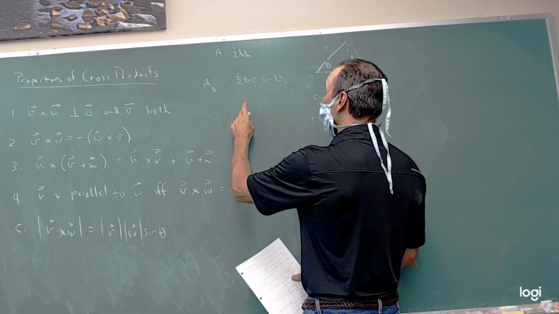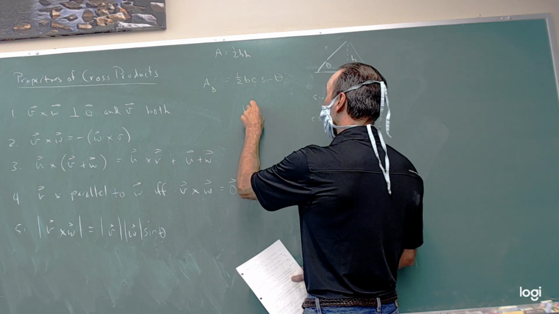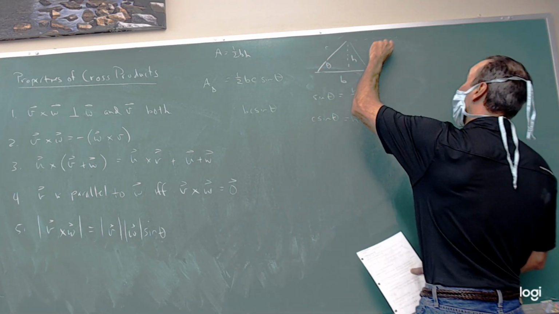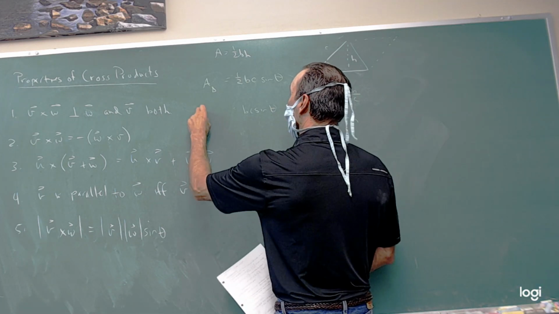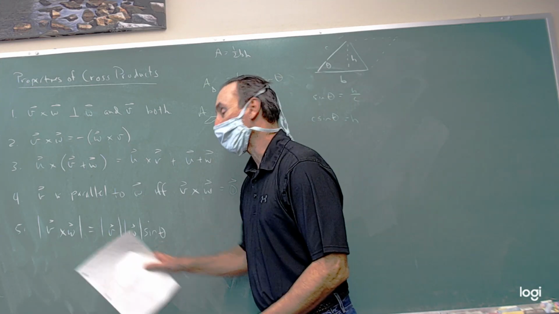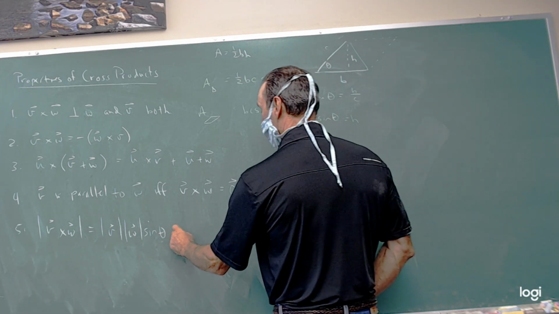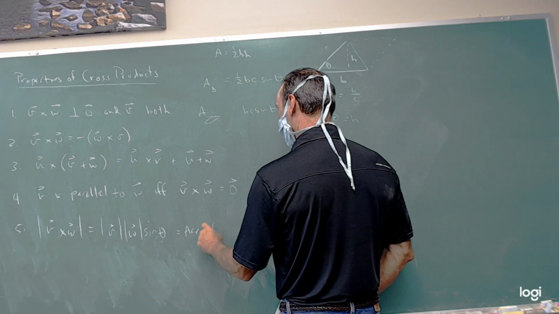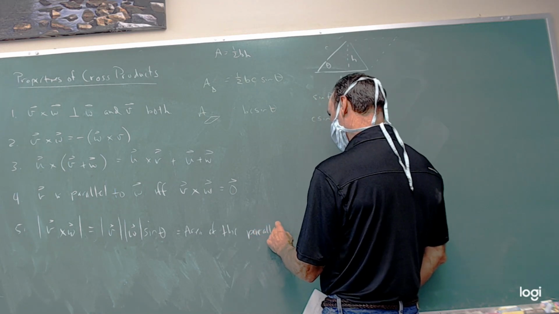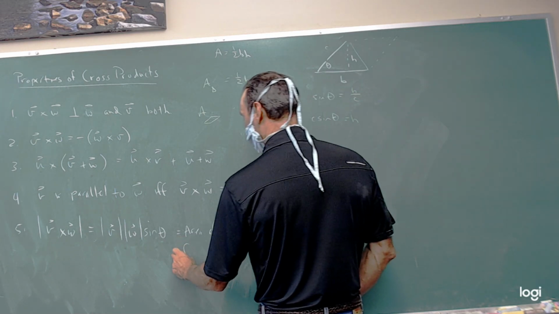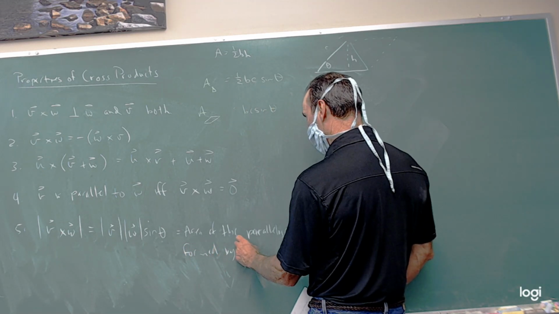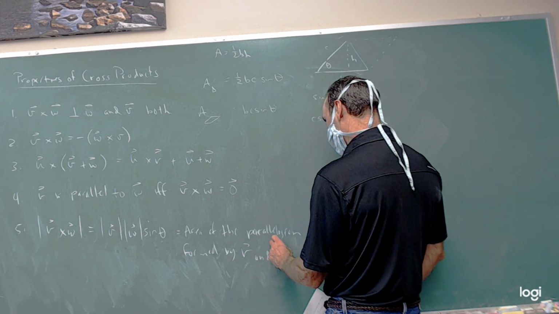So if we multiply both sides by 2, then what we're really getting is the area of that parallelogram. And that's exactly what this is saying there. So that is the area of the parallelogram formed by our two vectors v and w.